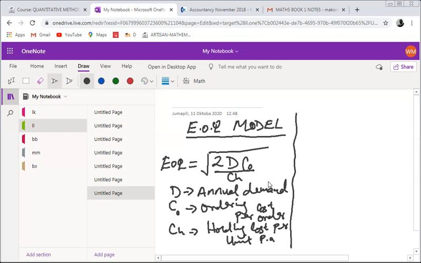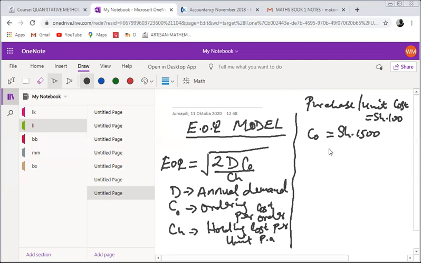The component is purchased at 100 shillings, so you are given the purchase cost, which is also known as the unit cost: shillings 100. Then the ordering cost is 1500 per order. The ordering cost, denoted by CO, is 1500 shillings per order.